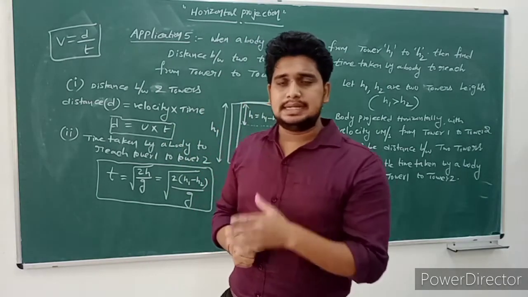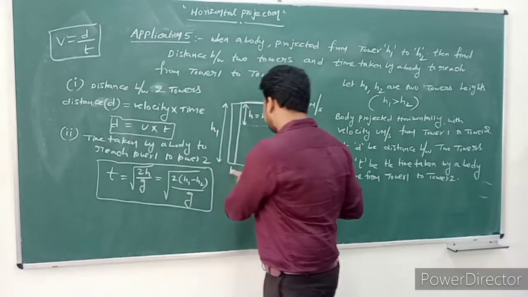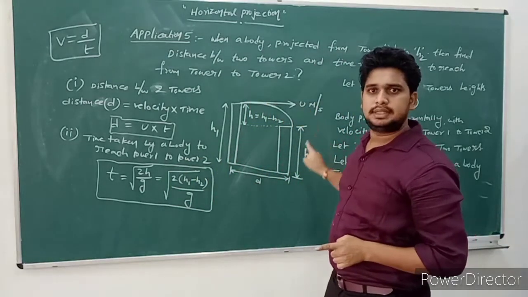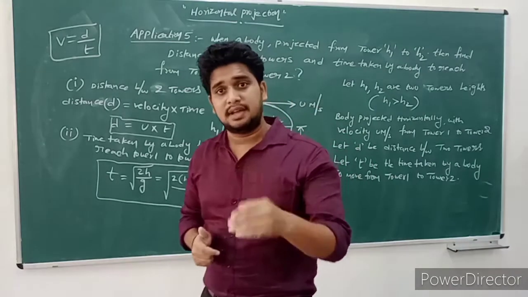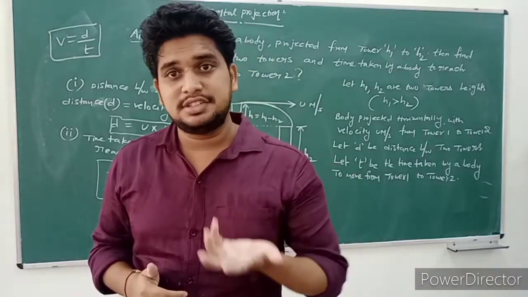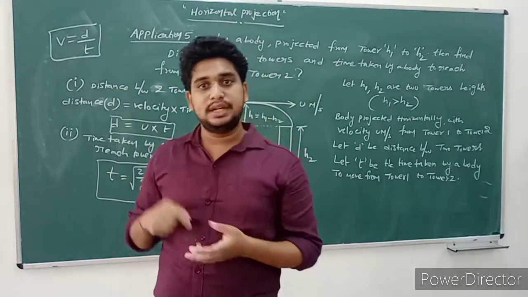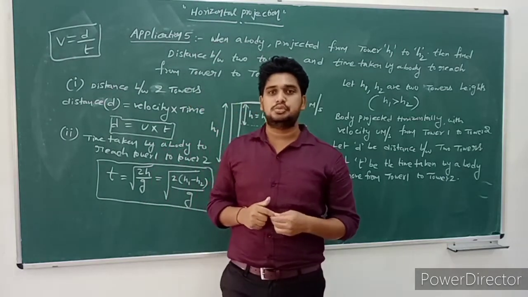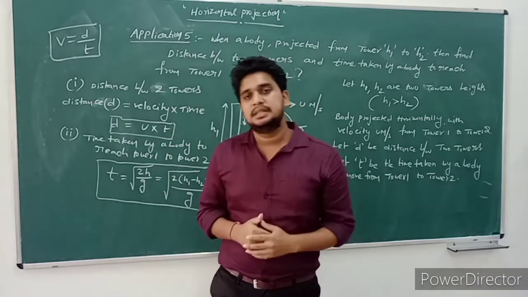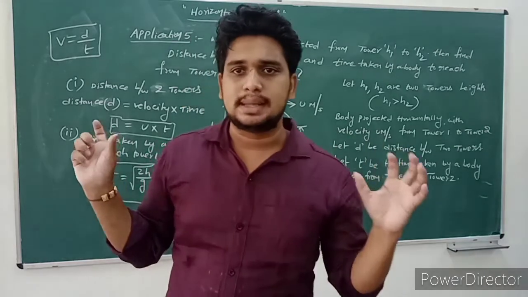And the distance between the two towers is velocity into time. Here velocity means u, t means square root of 2 into h1 minus h2 by g. So this is the whole thing about this application.